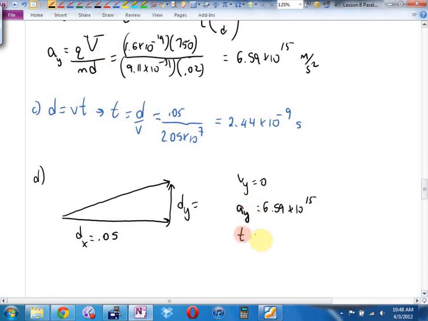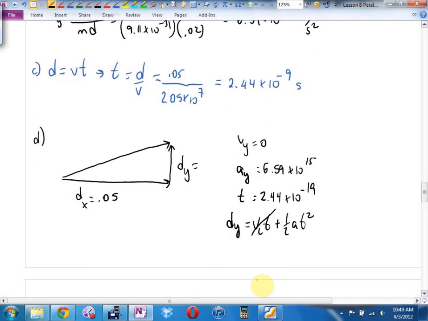And we know the time we just figured out was 2.44 times 10 to the negative 9. Could you find how far it's deflected vertically? Well, it's going to be VIT plus a half AT squared. Oh, hey, VI was 0.